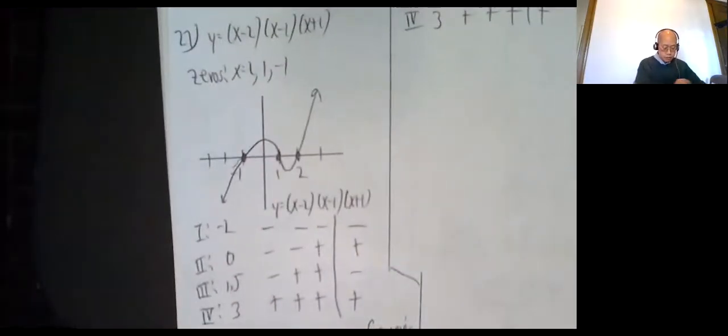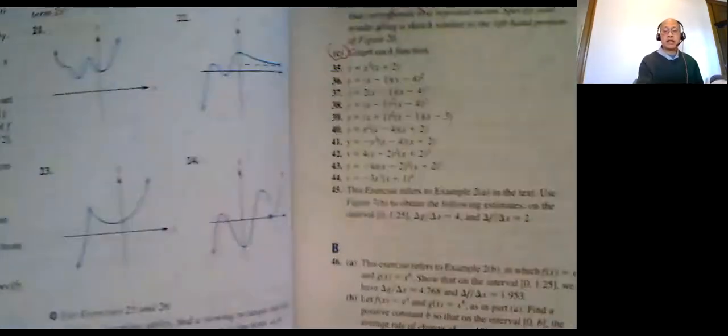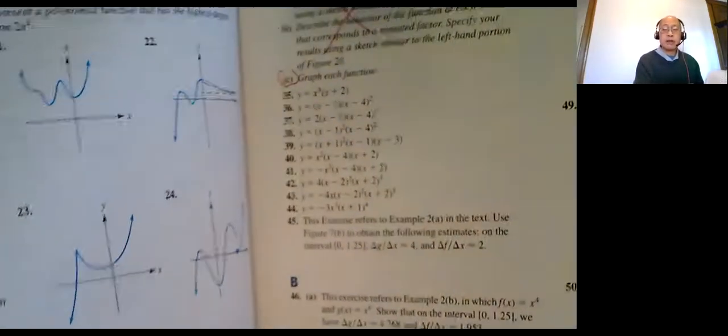Okay, let me show you some others. So again, from the directions, just graph. Never mind about what else it says.